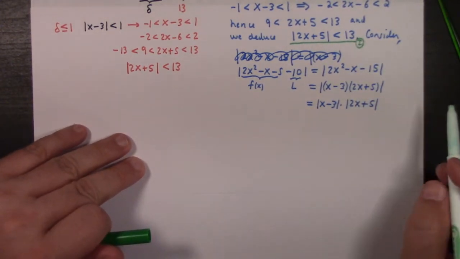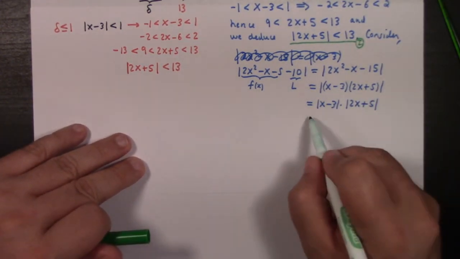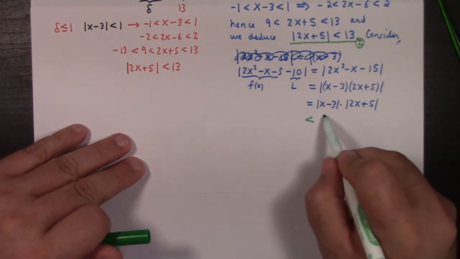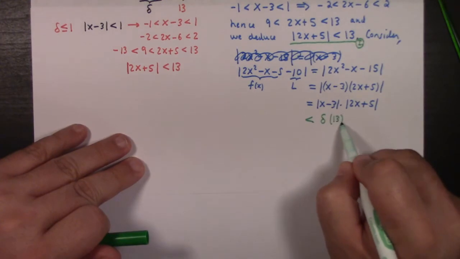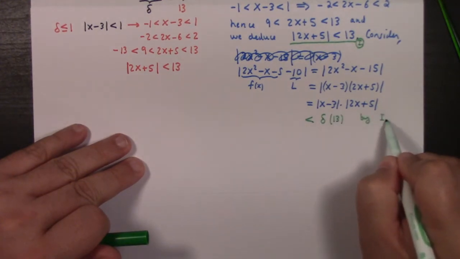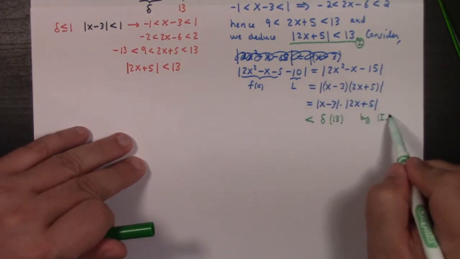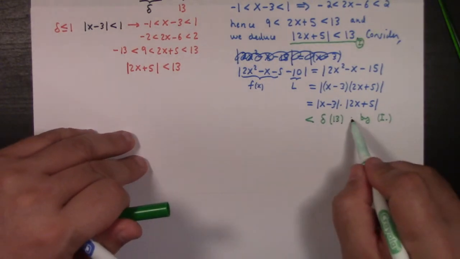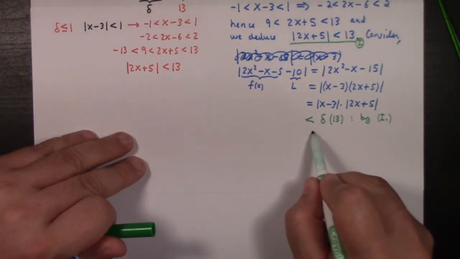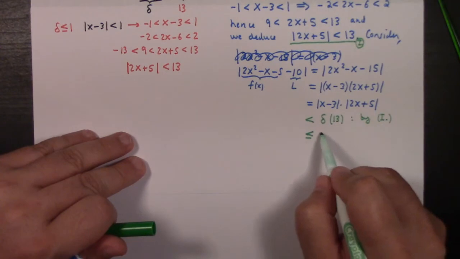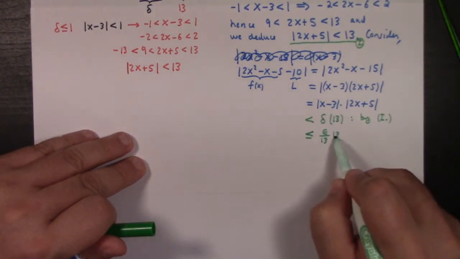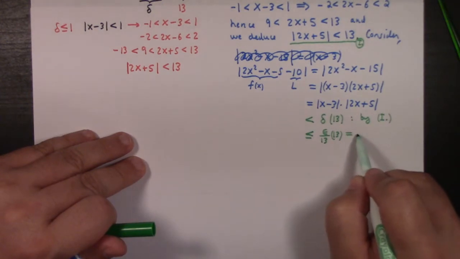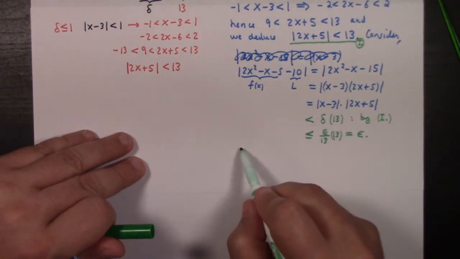So this is less than delta, and times 13 by 1, something like that is what I would usually do. And then that is, of course, less than or equal to epsilon over 13 times 13, which of course is equal to epsilon.